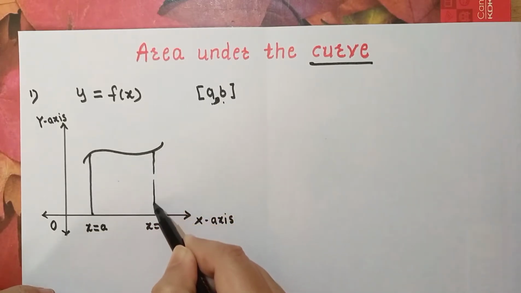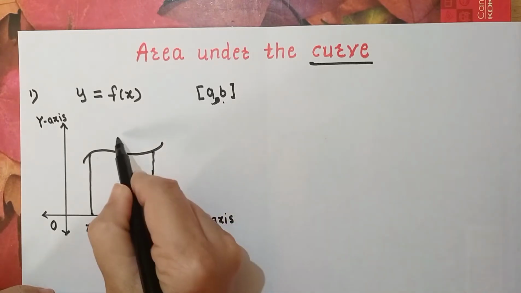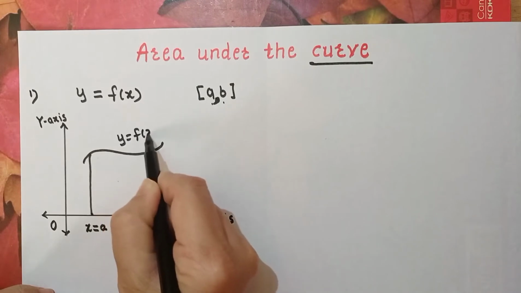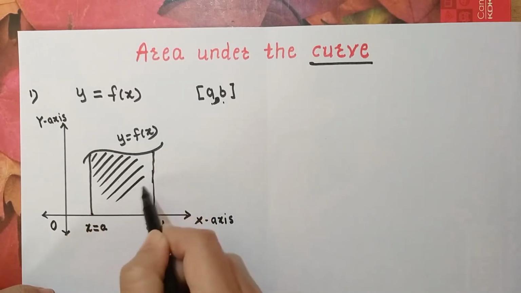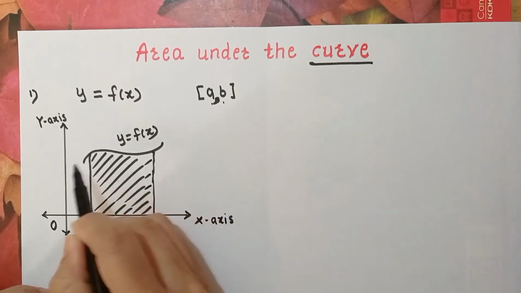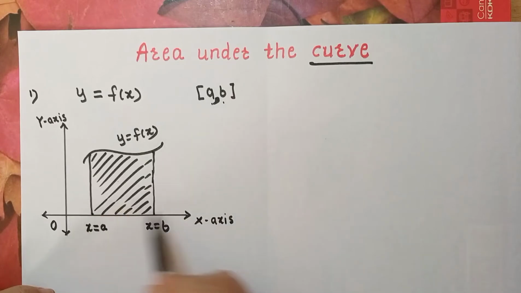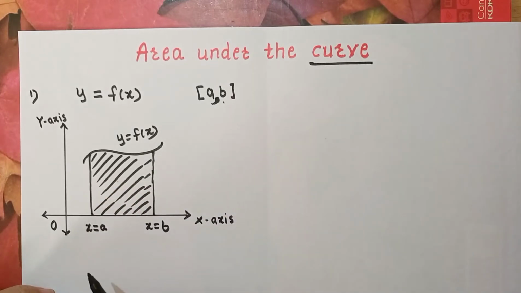This is also a line parallel to the y-axis, which is x is equal to b, and the area under this curve means this bounded region. This area is bounded between this curve, this x-axis, and the lines x is equal to a and x is equal to b.